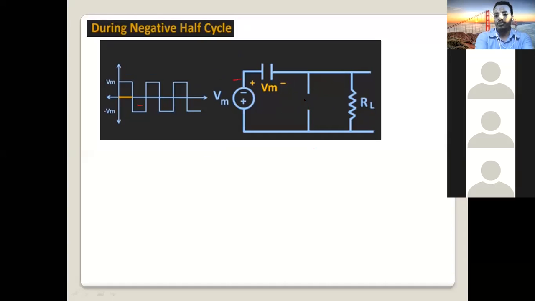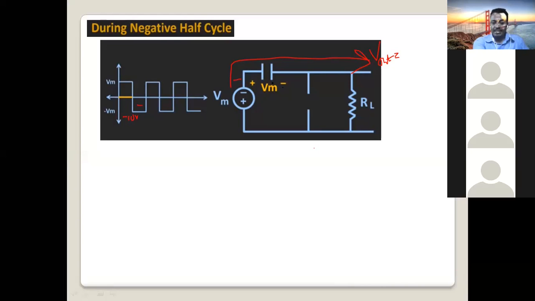When it is off, the output follows the input through this path, right? So what will be the output voltage here? Output voltage is equal to the input voltage, which is minus 10 volt because it is negative, plus the voltage stored in the capacitor.